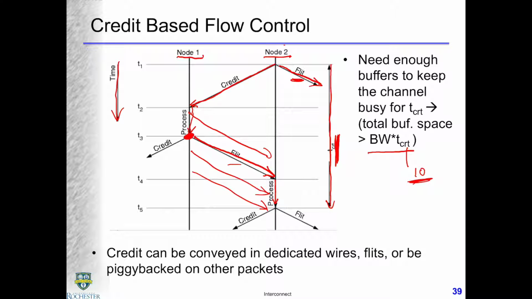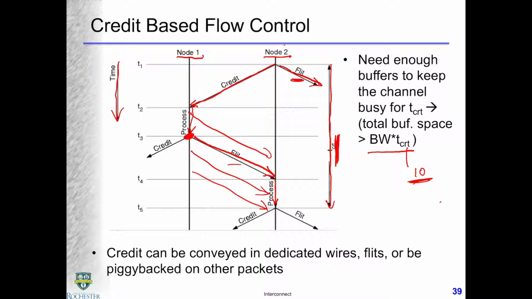So when the first flit arrives, you are already starting to process all this. It will keep the system busy. The upstream neighbor has enough credit to keep on sending, and by the time you have exhausted all of this, the credit will arrive to allow you to keep on doing this.